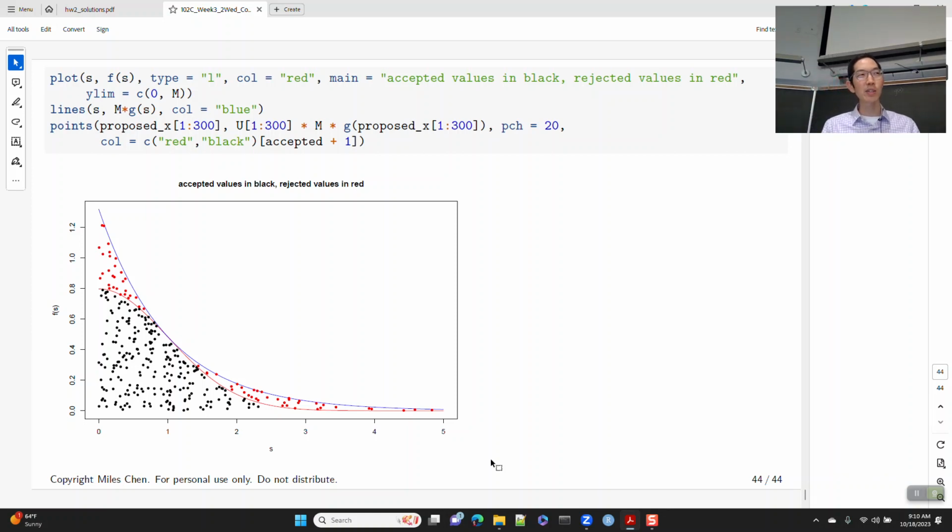In importance sampling, we take all of our values that were generated from, say, g of x, and we just weight them. So we accept everything, but we weight them a little bit differently. With rejection sampling, we get a random sample from our target distribution, and we do throw away quite a number of our proposed values.